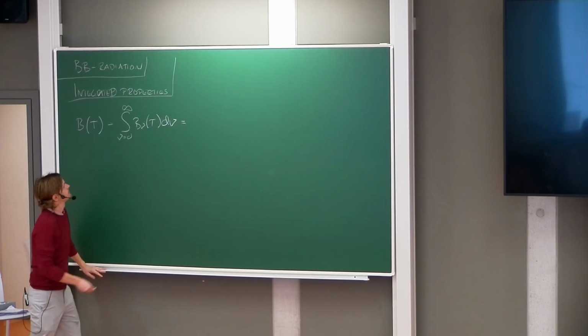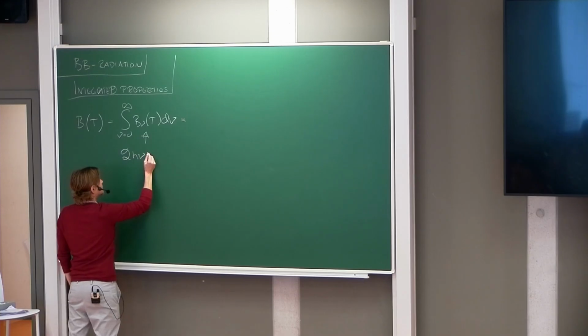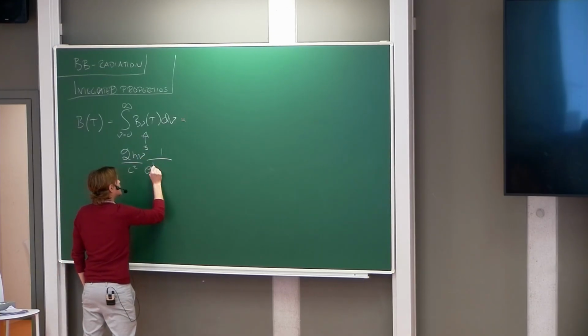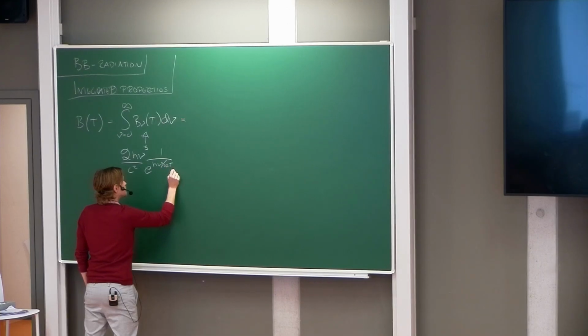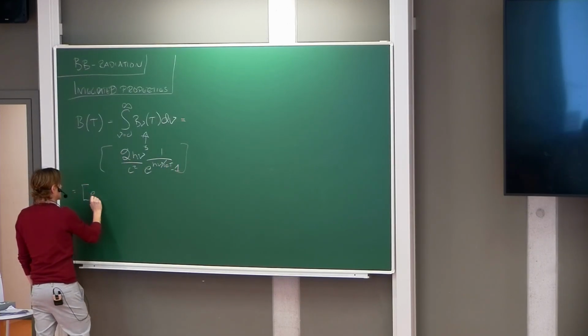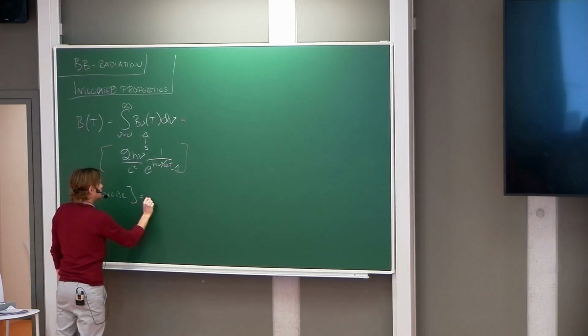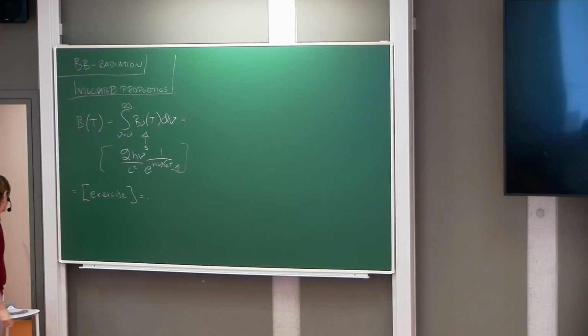So, B nu of T, we know it had this dependence, right? So this is actually left for you to do as an exercise. It's an algebraic exercise, not bad to do. It is in the course book.